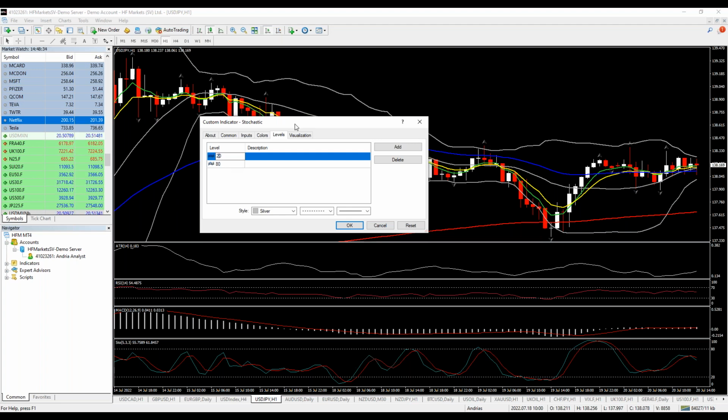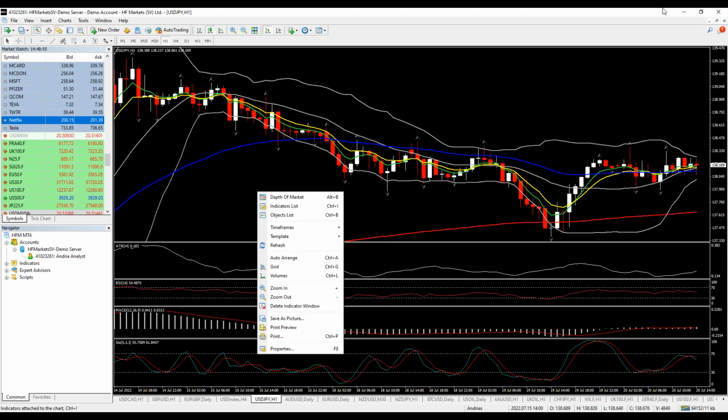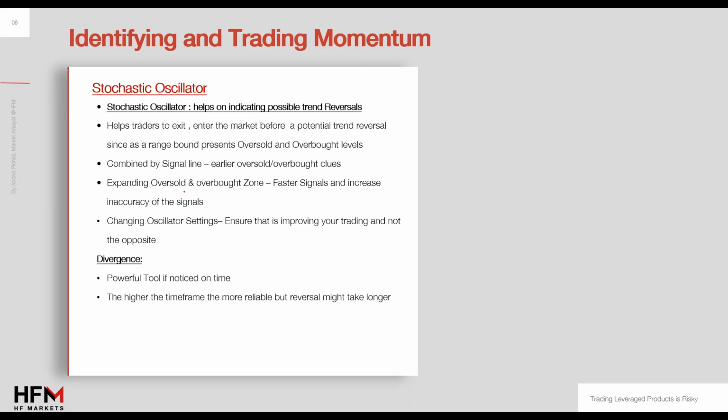So if you increase the oversold to 30 and the overbought to 70, it might give you early signals but not so accurate ones. So take care if you are considering changing the overbought and oversold zones.